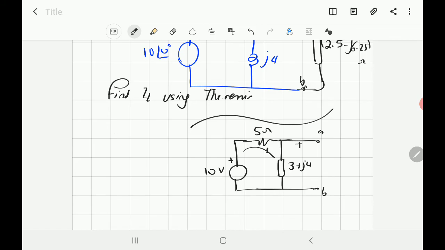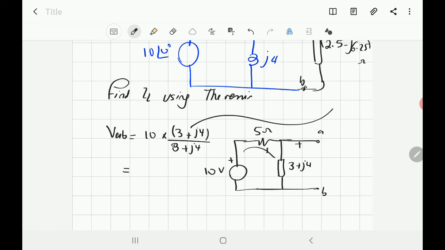So the voltage V_AB will be equal to the voltage source 10 on angle 0 times the impedance where you want to find the voltage across, which is 3 plus j4, divided by the total impedance. If you add 5 and 3, it is 8 plus j4. So you can find V_AB in this way.